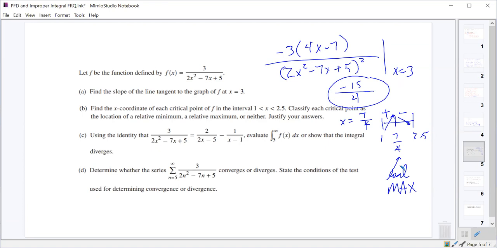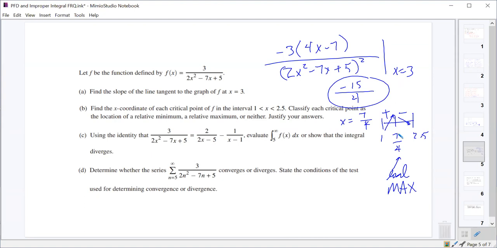Any questions on B? Wait, wasn't there something like you can't use a sign chart to justify a min or max? I mean, you should state something to the effect of the derivative goes from positive to negative at 7/4, so it's a local max. Okay, I see.